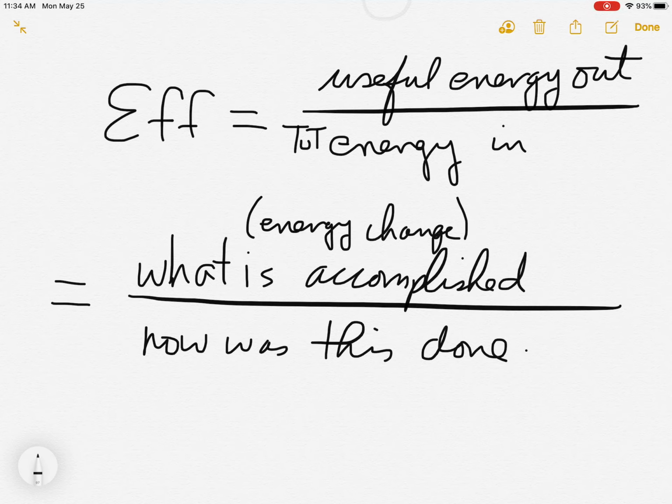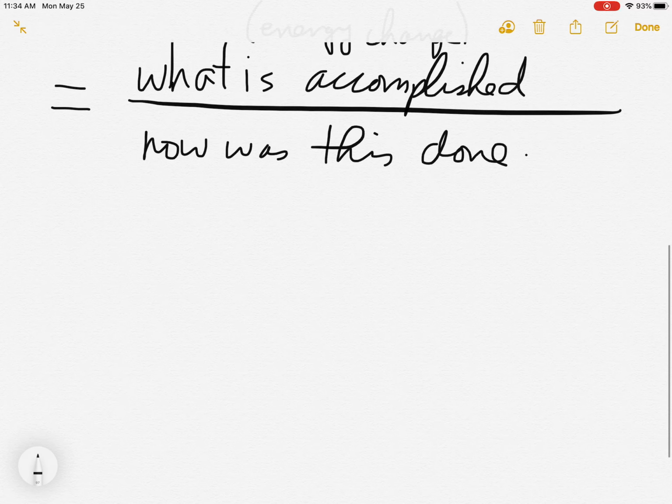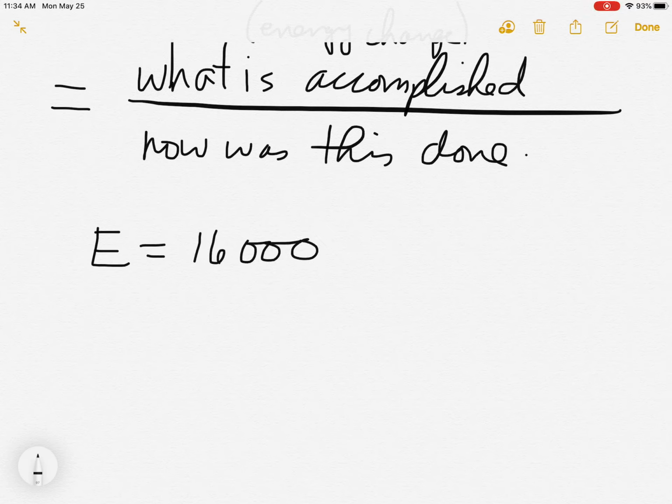So in this particular question, we have a motor, and it's using 16,000 joules of electrical energy, and it's accelerating a 200 kilogram moped from rest to 10 meters per second. So let's see what we have here. We've got an energy of 16,000 joules, right?